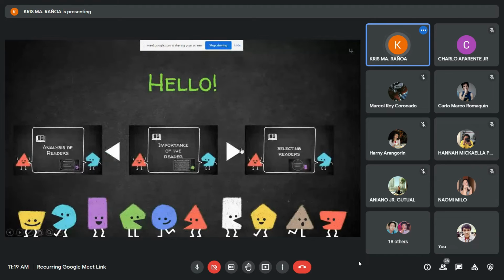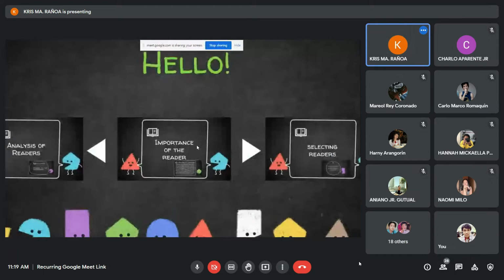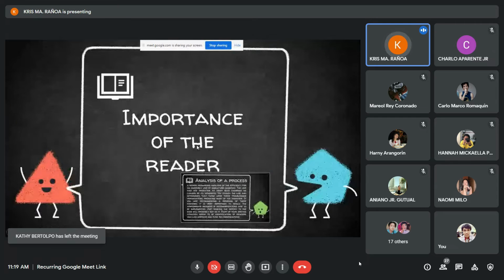So, next is importance sa reader. Readership is important because sila raman ang maka-implement or maka-understand o maka-interest sa imuhang mga gipang sulat.